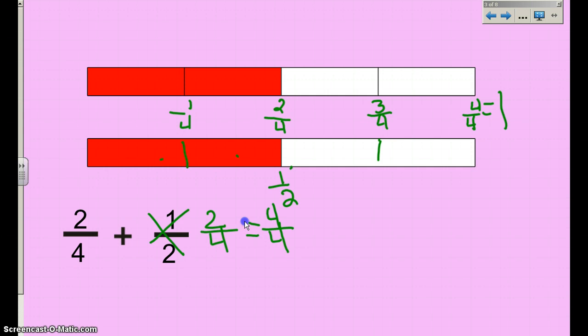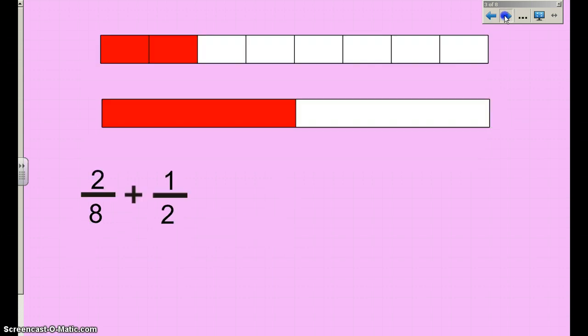Okay, let's move on and try a different example. This time I have 2/8 plus 1/2. Okay, so I'm going to use my model again. The top one is 8, and this is 2/8 right here. And at the bottom I have 1/2, but I can see that I can easily divide my 1/2 into 8 equal parts.